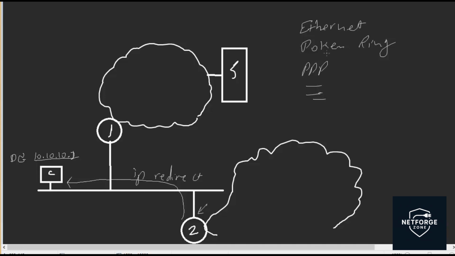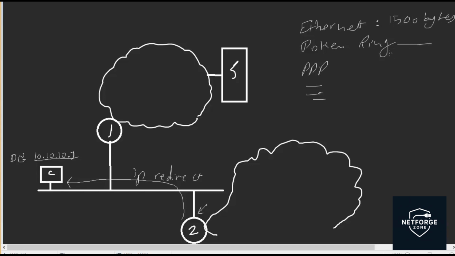When we are going to send data in these types of networks, we have to make sure that the amount of data that we send as a frame matches their design. Ethernet accepts about 1500 bytes as one frame. In token ring, it may be different.